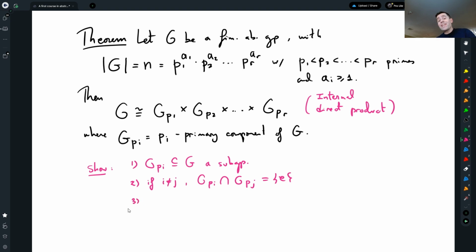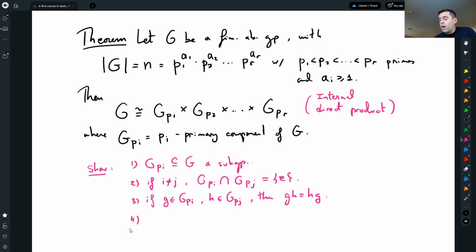Three, we actually need that all of those components commute with each other. So if g is in G_pi and h is in G_pj, then gh is hg. That's one of the conditions for an internal direct product. In here, the group itself is abelian, so this is automatic.